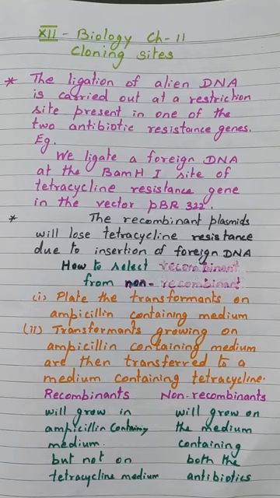Because when the host multiplies, this desirable DNA also will get multiplied and we will get the products of the desirable gene on a large scale. But it's not possible for us to directly inject the desirable gene into the host. For that we need a vector.